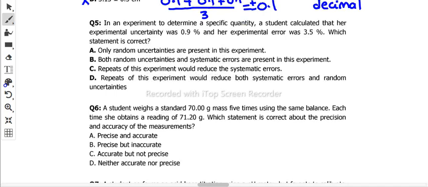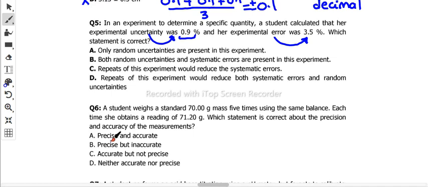Now continuing with 5. In an experiment to determine a specific quantity, a student calculated that her experimental uncertainty was 0.9. So this value is the percentage uncertainty, and her experimental error was 3.5. Which statement is correct?